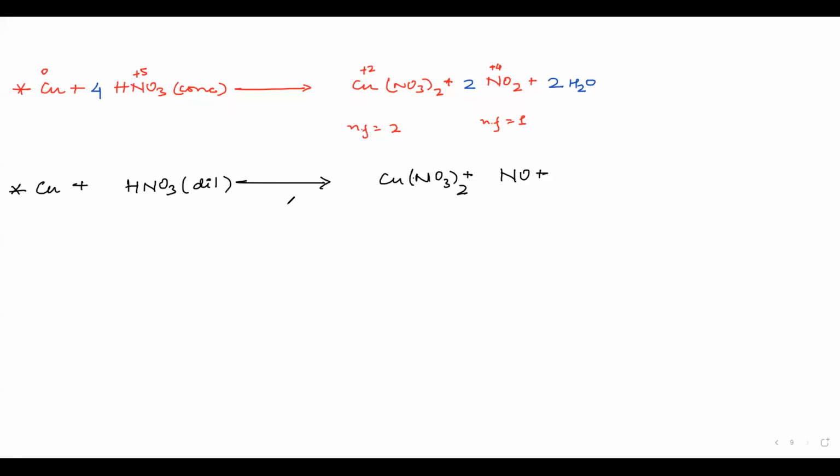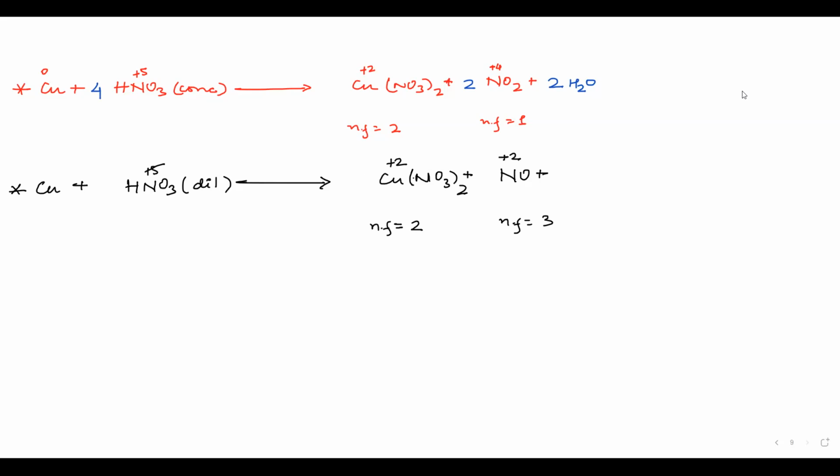Okay, here NO. Now we have plus 2, then here we have plus 5, and what is the oxidation state here? NO oxidation state, plus 2. Yes, very good. N factor here is equal to 2. N factor here is equal to 3, because from plus 5 to plus 2 the change is 3. Number of atoms is only 1.